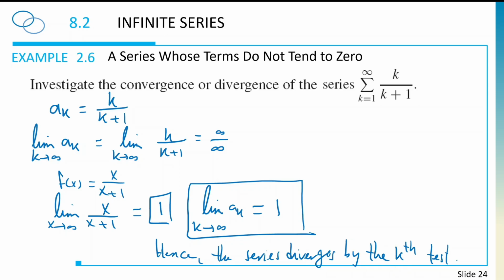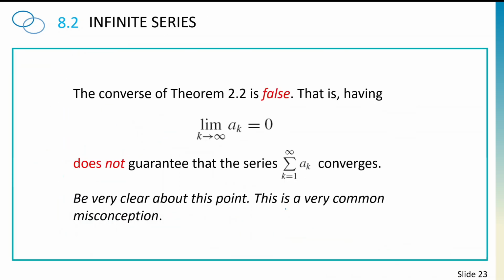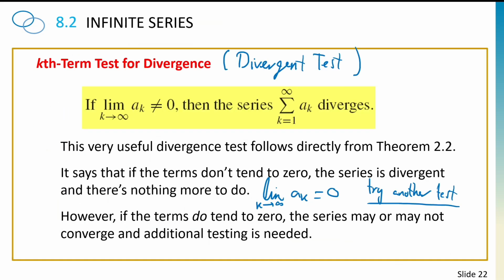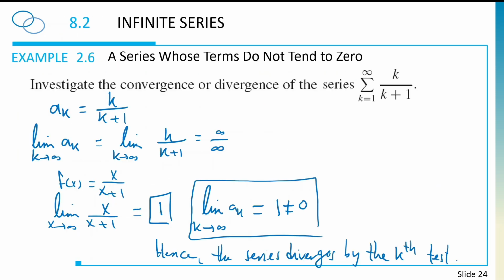How did you conclude that this is convergent or divergent? What test did you use? So here it's divergent by the kth test, the divergent test, since the limit does not equal 0. If you go back here, this is the divergence test: limit does not equal 0, directly you say it's divergent.